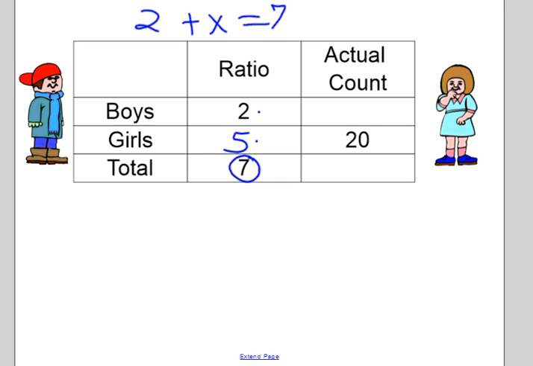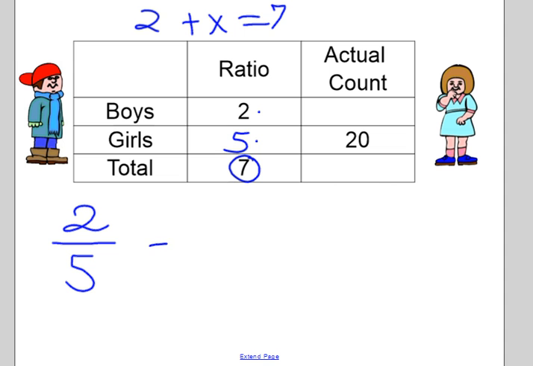But then on the other side, we can start to look at our relationships and understand how to solve these different parts, because we need like ideas. We can't just start plugging things in. So the first thing we need is that 5 to help us understand what's going on. If I want to know the total number of boys, I'm going to put 2 over my ratio of 5 this time.